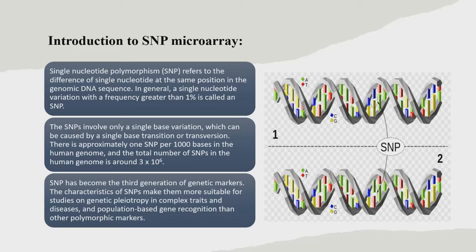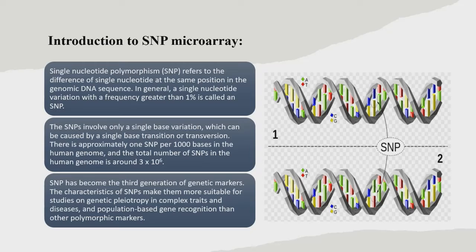In general, a single nucleotide variation with a frequency greater than 1% is called an SNP. An SNP involves only a single base variation, which can be caused by single base transition or transversion. There is approximately 1 SNP per 1000 bases in the human genome, and the total number of SNPs in the human genome is around 3 million.